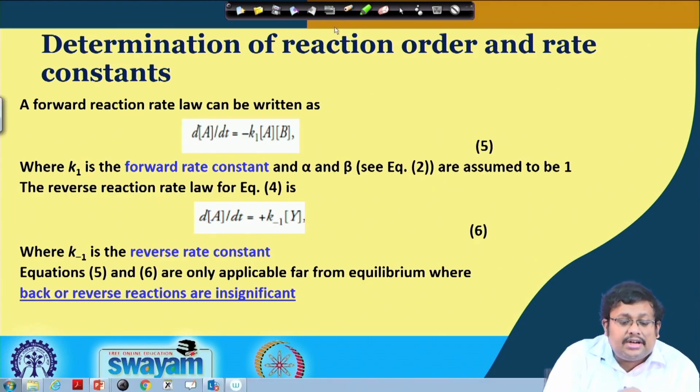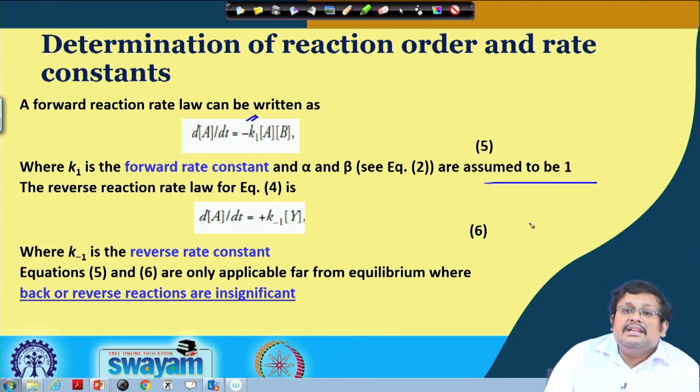The first order reaction rate law can be written from the previous equation: dA/dt equals minus K1 times the concentration of A times the concentration of B, where K1 is the forward rate constant and alpha and beta are assumed to be 1.